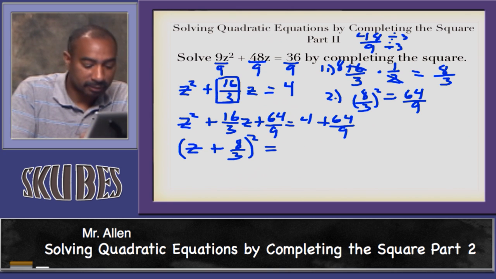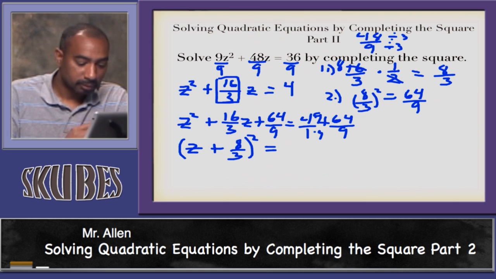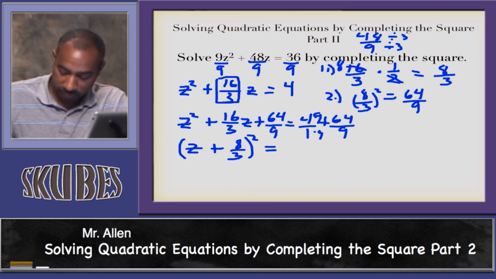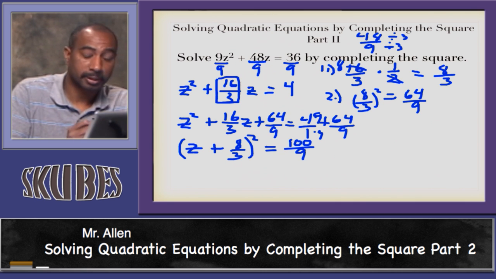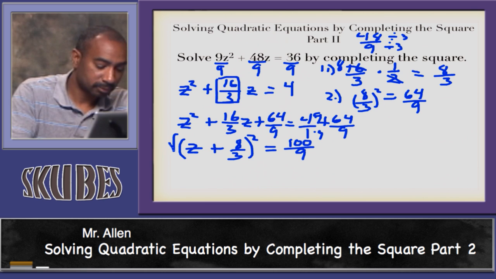And I have to add the fractions here. So I get 36 plus 64, that's 100. So I get 100/9. And what I'm going to do is take the square root to both sides.